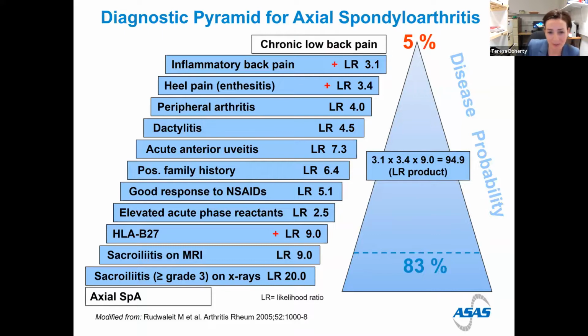If it's on an MRI study, you get a lower likelihood ratio, but still very significant. HLA-B27 is equally weighted. And then things like CRP, good response to NSAIDs, family history, uveitis, dactylitis is important, associated peripheral arthritis, heel pain, and inflammatory back pain.